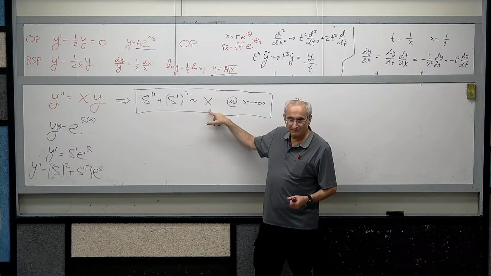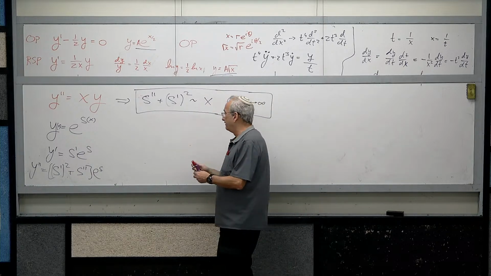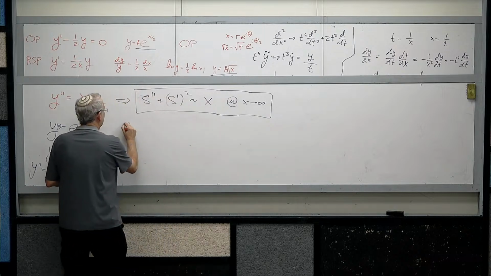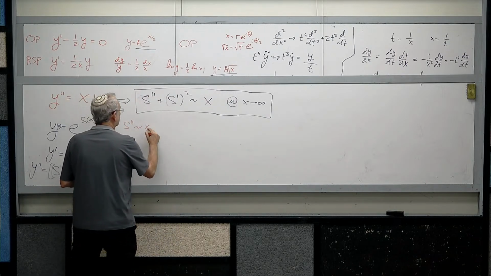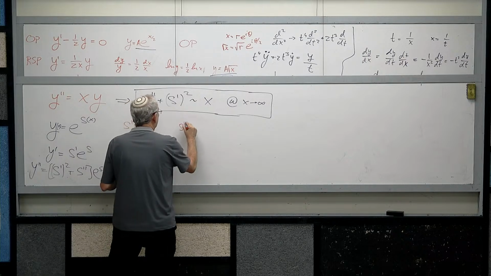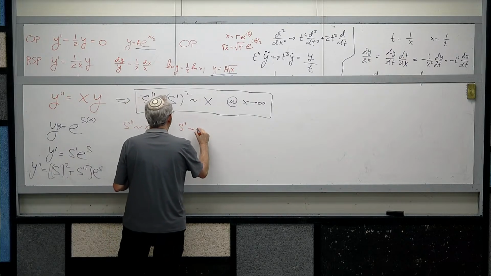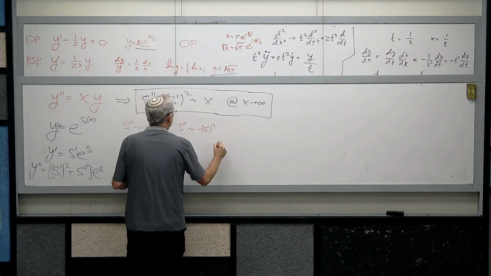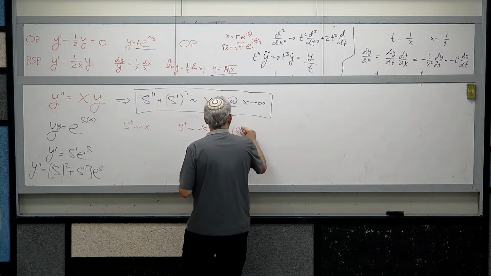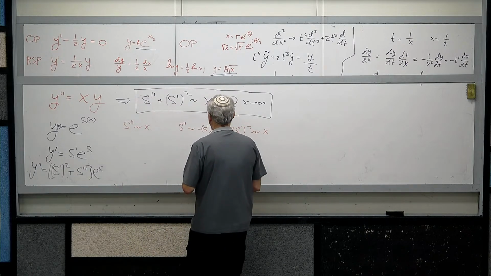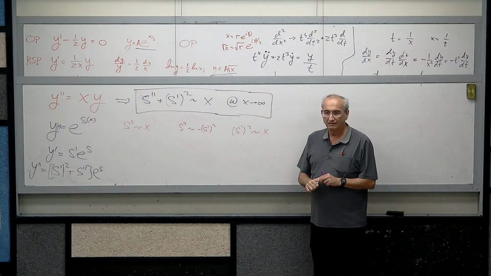Right? Okay, so either as x goes to infinity, s double prime is asymptotic to x, or s double prime is asymptotic to minus s prime squared, or s prime squared is asymptotic to x. These are the three options.